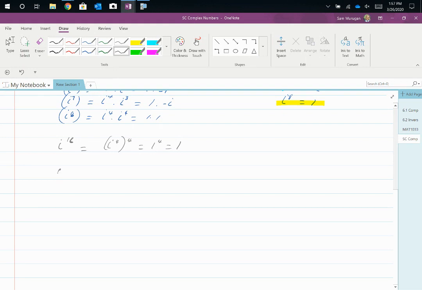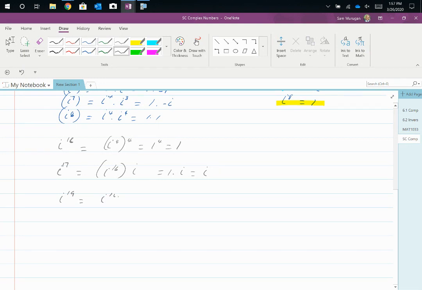If we have i to the 17th power, this becomes i to the 16th power, which we know is equal to 1, times i. So this is equal to 1 times i, which is i. Now i to the 19th power. 4 fours are 16, 4 fives are 20.